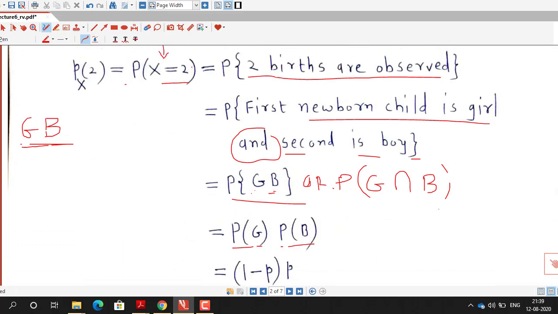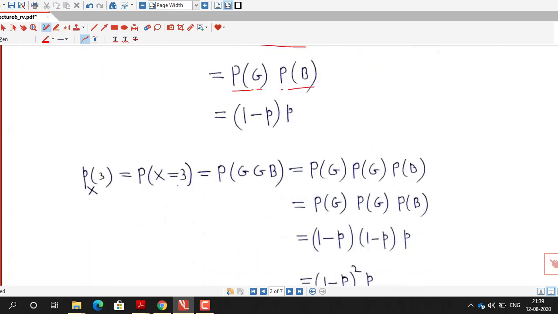Similarly, we can find the value of the probability mass function at x equal to 3. Instead of 2, we will have 3 births. That is possible if the first 2 born children are girls and the third child is a boy. So P of 3 equals the probability that capital X equal to 3. This is the probability that the first 2 children are girls and the third child is a boy, and these 3 are independent events.